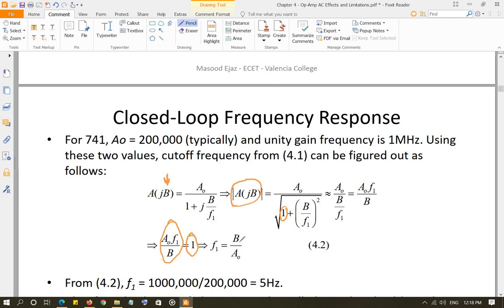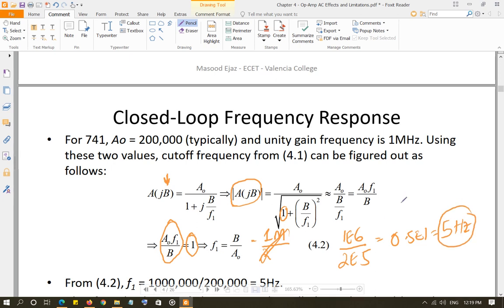Now the unity gain frequency b for the 741 is 1 megahertz. So this is 1 megahertz, 1 exponent 6, and the typical value of open loop gain, as we discussed, is 200,000, which is 2 exponent 5. So that's going to give you 0.5 exponent 1, or 5 hertz. So observe, only at 5 hertz. At DC, your open loop gain is 200,000.